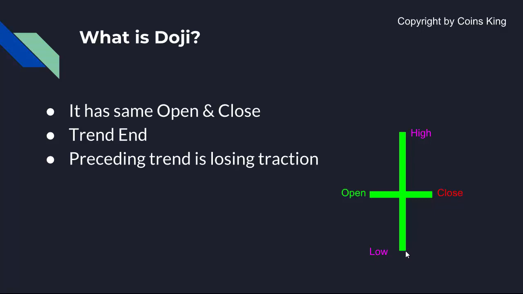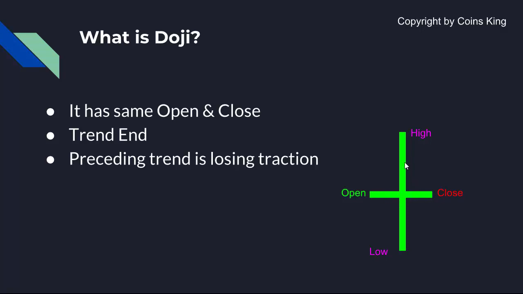They get the market to this level, but there the buyers again got activated, the sellers got rejection from this level, and buyers put the market back to the similar level where it first opened. So that's why the Doji candlestick pattern has the same open and close.